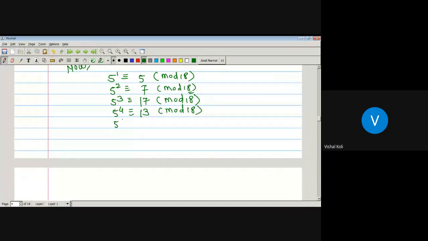And 5 to the power 5 is congruent to 13 into 5, 65 over modulo 18, which is 65 minus 54, 11.